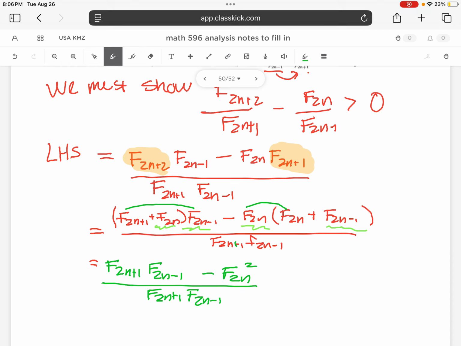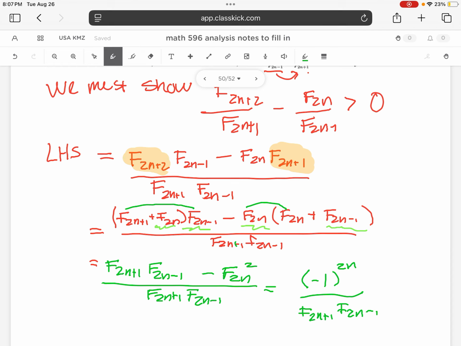Well, then what does that numerator simplify to? We actually showed in the last proof that this numerator is going to simplify to -1 to the 2n power. You can go back to the last slide and see that that's exactly what we showed when we were looking at the original differences between two elements of our original sequence. But that same identity that we saw before allows us to show that the numerator is equal to -1 to the 2n power divided by f2n plus 1 times f2n minus 1.